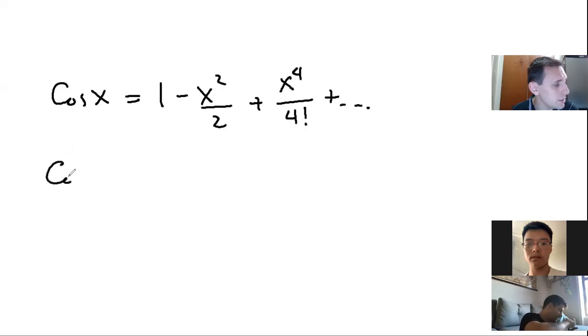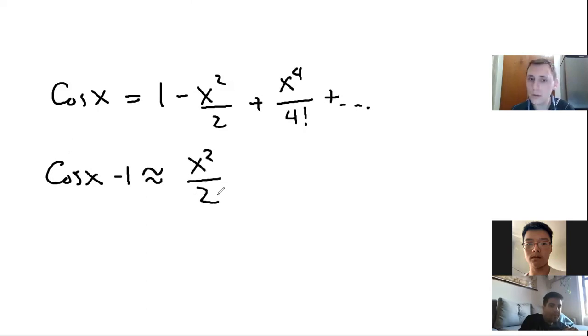So in essence, that's why I said hard question. I forgot I haven't taught you, we haven't discussed how to do that. So cosine of x minus 1 is very similar, where x is very small, to minus x squared over 2.